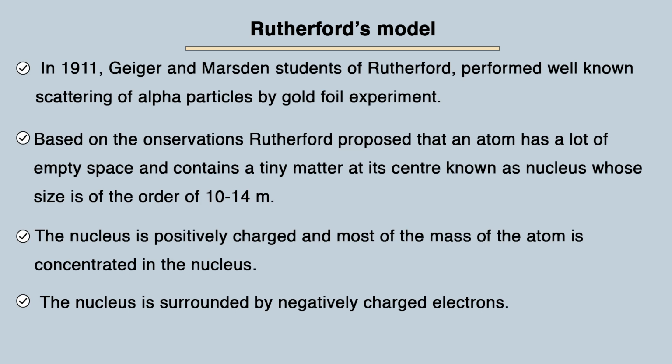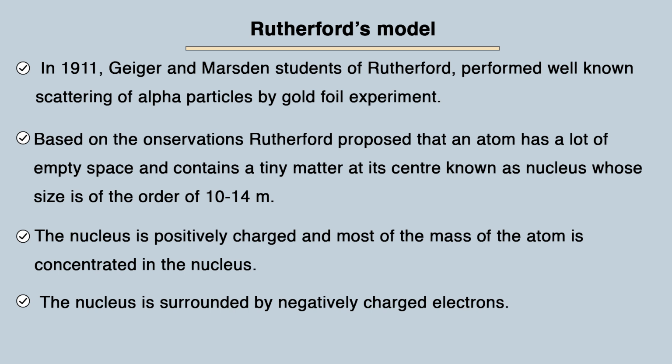So, then one more model was proposed after Rutherford's experiment, one of the famous experiments, in 1911. Geiger and Marsden, students of Rutherford, performed the well-known experiment of alpha particle bombardment on gold foil, and a list of several observations came out.